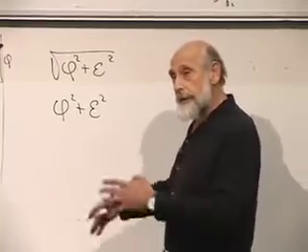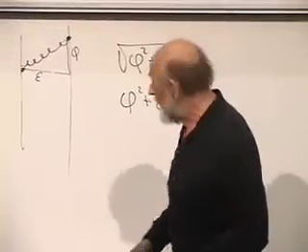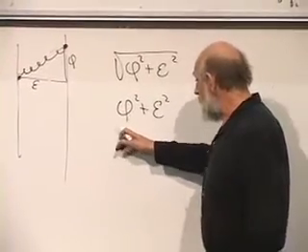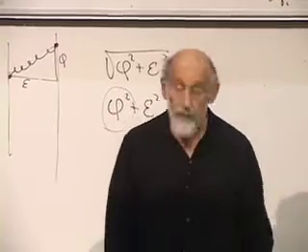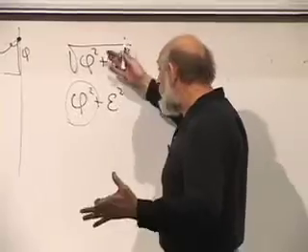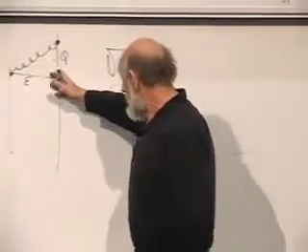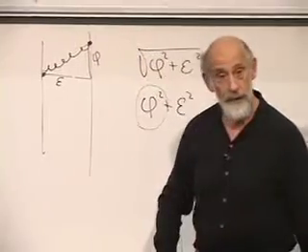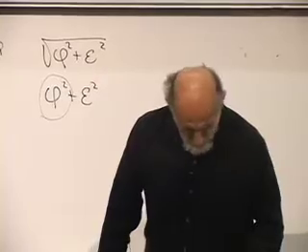And a number added into the energy doesn't affect the equations of motion. The only dependence of u on phi is this term here. Okay? So we don't have to worry about the other term just because it's a constant and can't affect the motion of the system. That's the reason for writing it in this form as just phi squared.